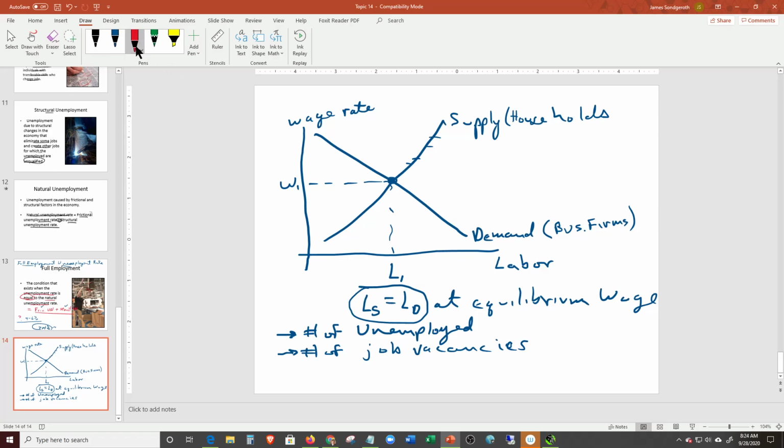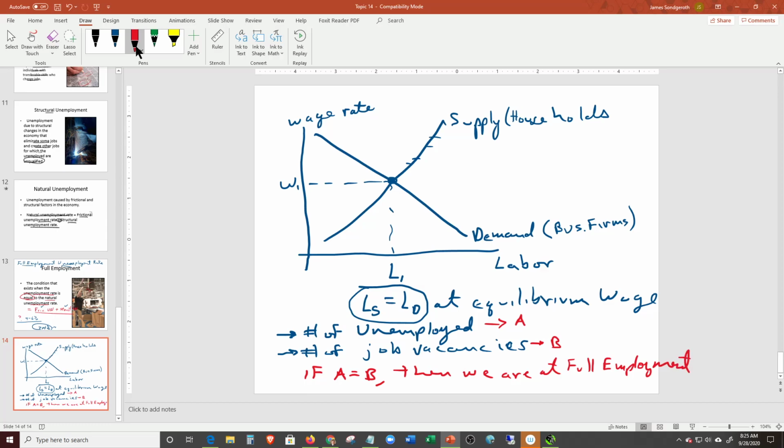So let's call this variable A, and this variable B. If A equals B, I didn't want to write those whole terms out, then we are at full employment.